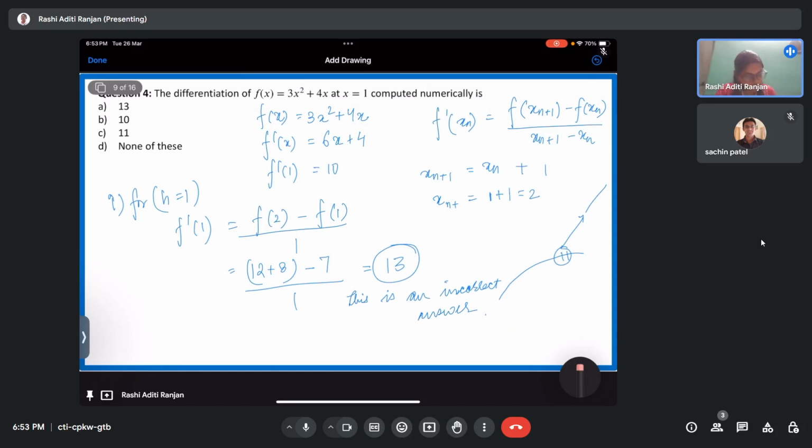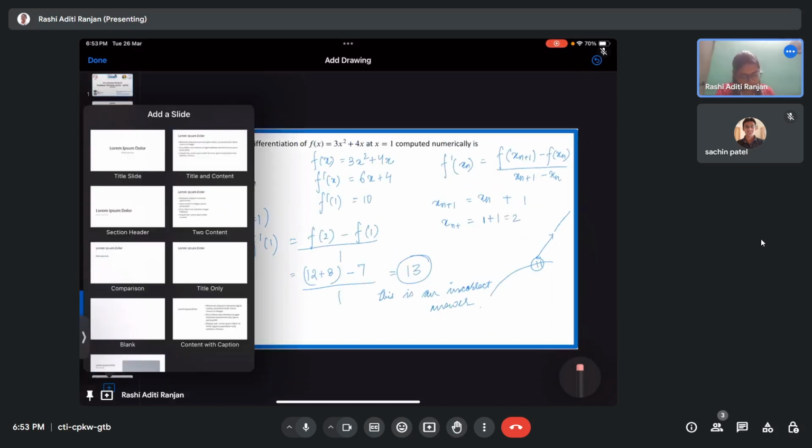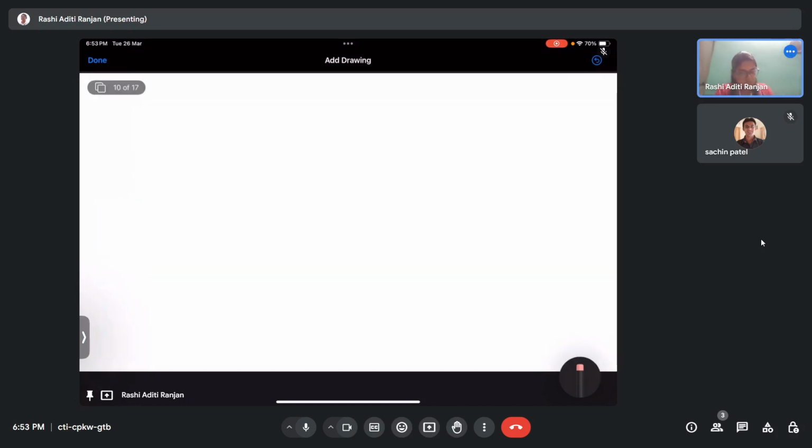So now, second, I consider my h as 0.01. In this case, if I want to find out, my f dash of 1 will be equal to f at 1.01 minus f at 1, divided by 0.01.